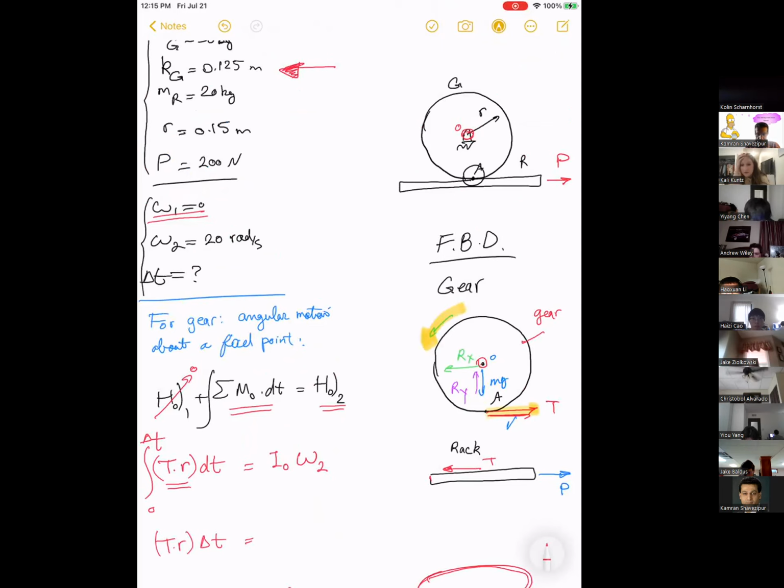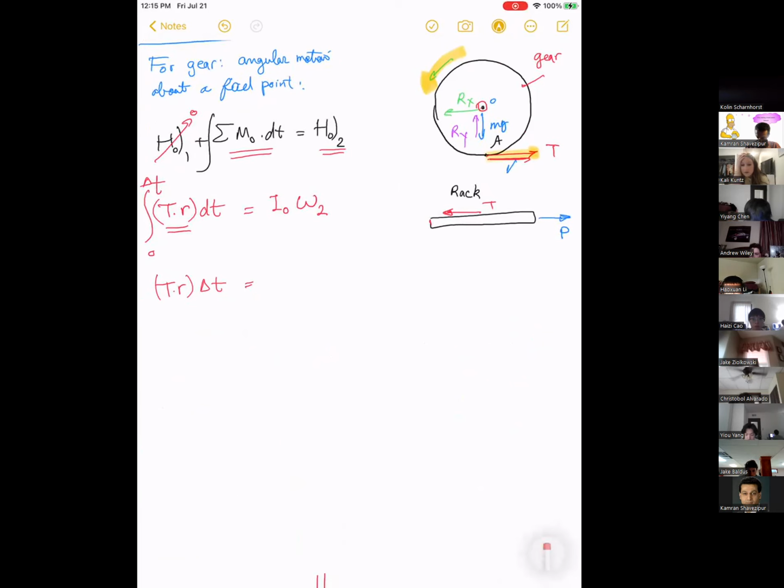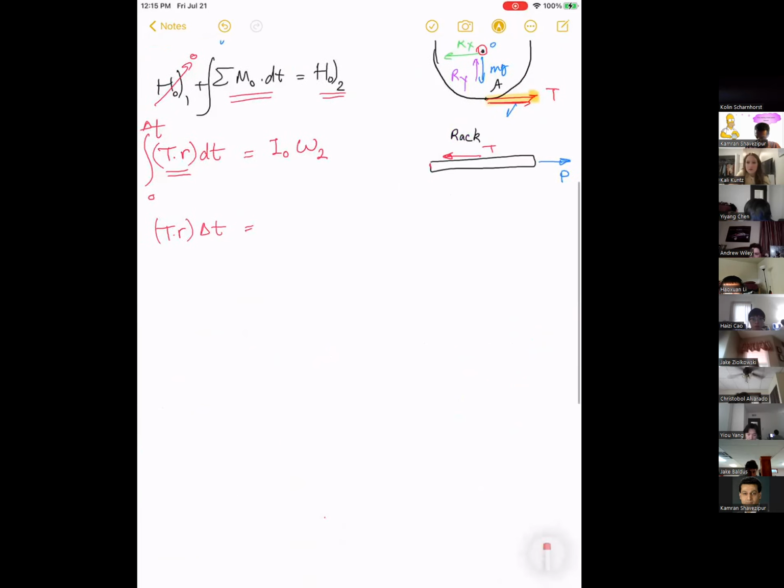Please pay attention. Anytime the radius of gyration is given, then I is going to be m k_G squared times omega. Okay? k_G technically represents the moment of inertia.